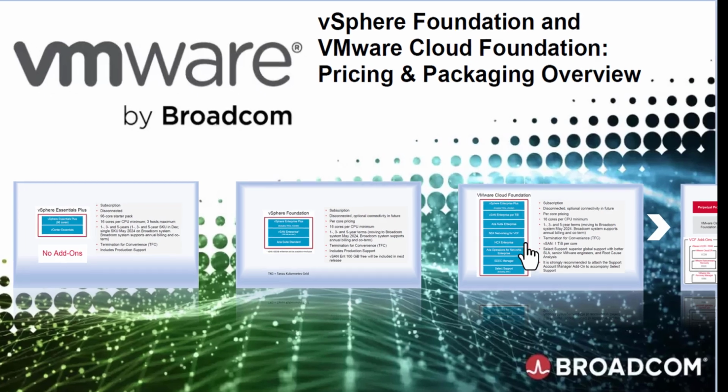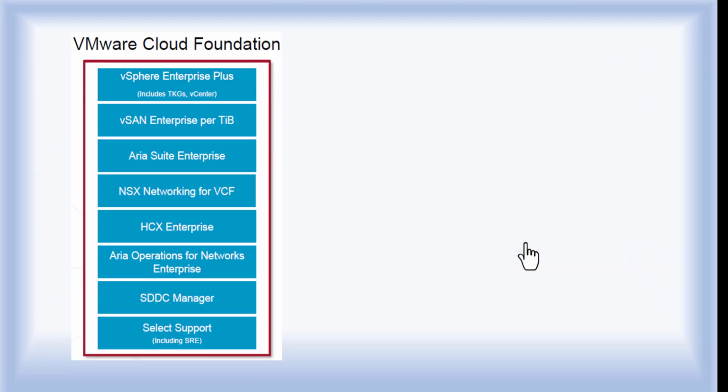For this video, the last one is VMware Cloud Foundation. As you can see, you have lots of flexibility and more products inside, like vSphere Enterprise Plus, including TKG, which means Tanzu Kubernetes Grid is inside.